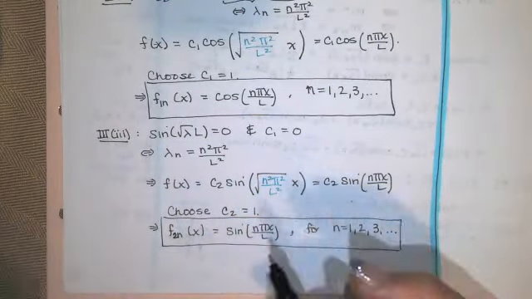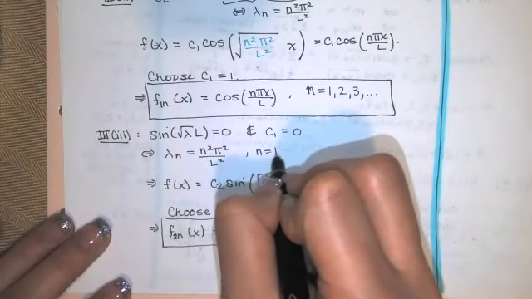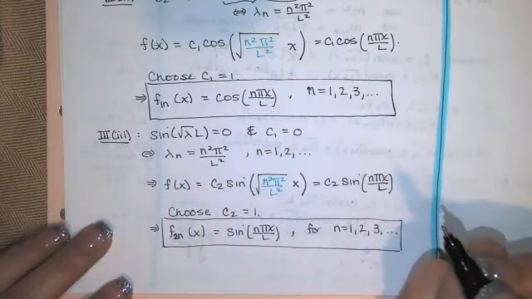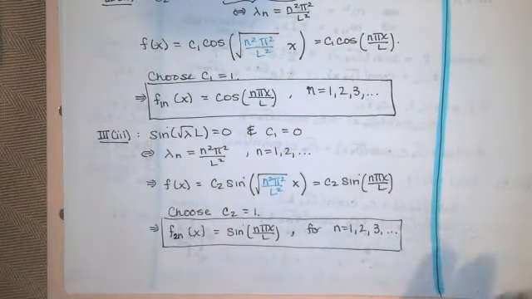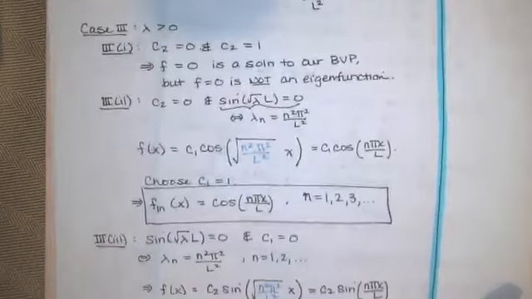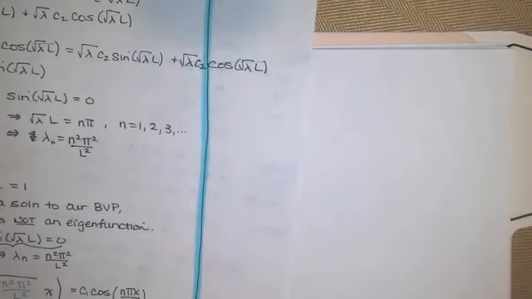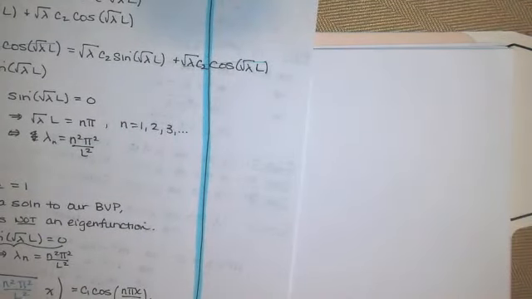Lambda sub n equals n squared pi squared over L squared, where n is equal to 1, 2, 3, and so on. Okay, so you might say, all right, what does that mean for eigenfunction expansion? The principle is the same. The notation looks a little different, but the principle is the same.